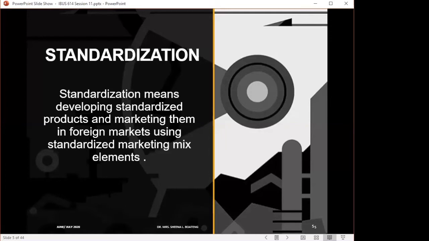So they basically take the product as is, as manufactured from the home country, and then sell it as is in foreign markets using the same set of marketing mix elements, be it pricing, promotion, distribution, as well as other techniques in their marketing mix arsenal, and use it the same way as they would in the home country and apply it to the foreign market without making any specific changes or adaptations. That is what we mean when we talk about standardization.